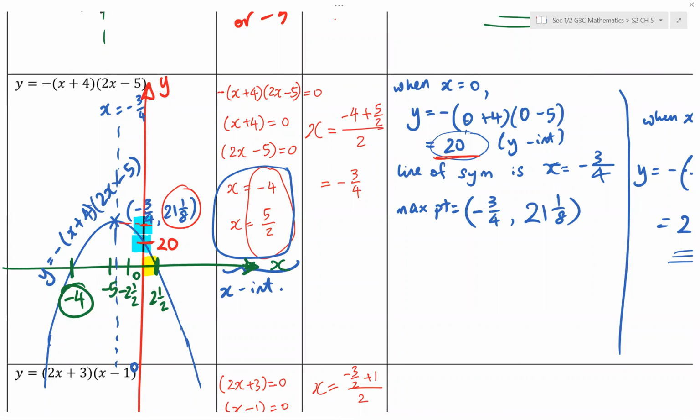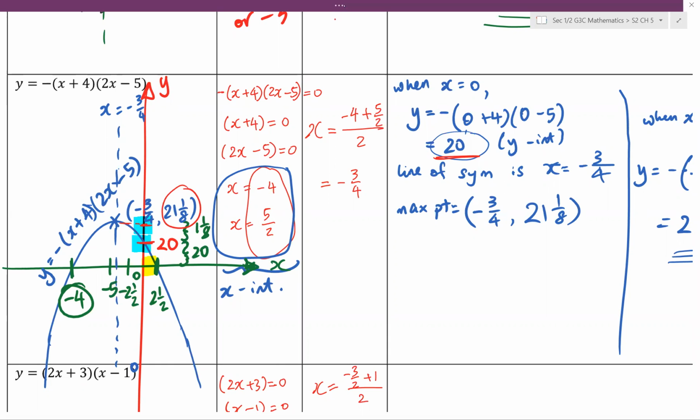Where else is a scale problem? Well, apparently this is 20 units, but this same size is 1 and 1/8 units. Doesn't make sense. So you end up with a drawing that is not well scaled. To prevent that from happening, we need to be very mindful about where we draw our horizontal and vertical axis.